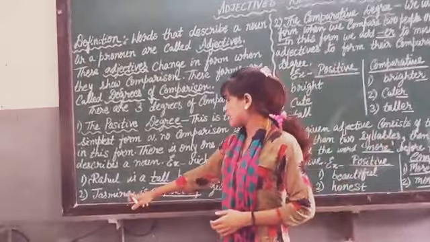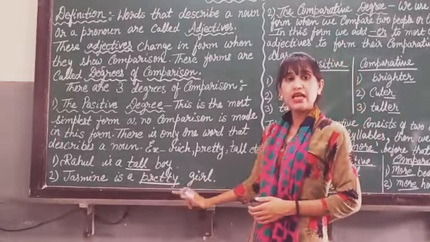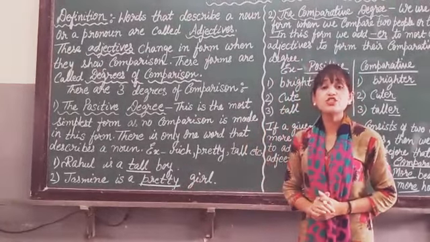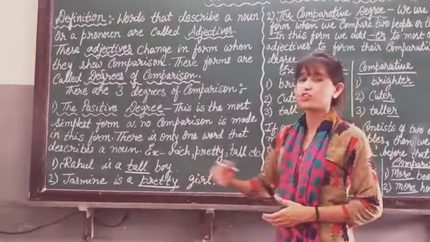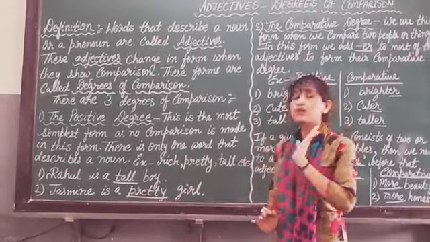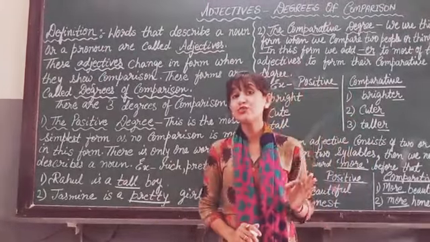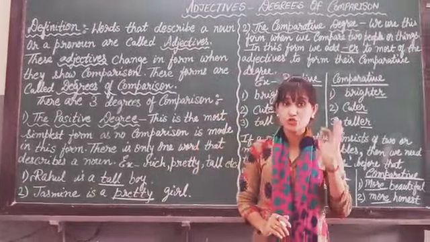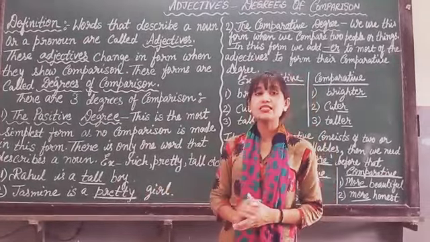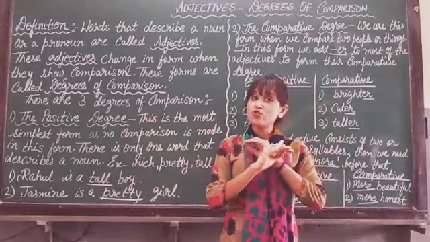Another example. Jasmine is a pretty girl. The word pretty is an adjective which is describing the girl Jasmine. There is no other word describing her. It is showing that the girl Jasmine is pretty. She's beautiful. She's good looking. So pretty is that one word. Hence, in the positive degree there is no comparison.